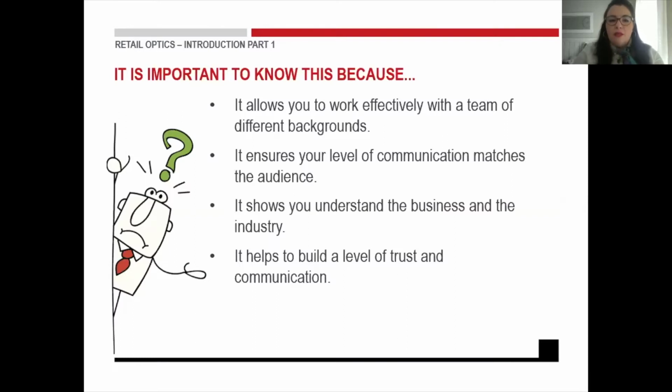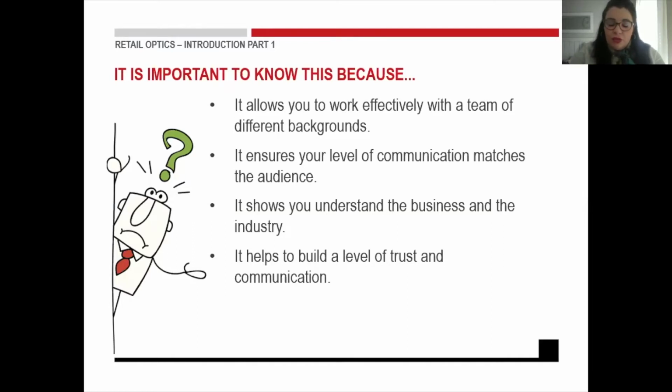Okay, so why is it important to know what occupations there are in the optical industry? Firstly, it allows you to work effectively with a team of different backgrounds. You're going to learn how to communicate with each one differently on their level. You're going to know with whom to be technical and with whom not to be technical. You're also going to learn to understand their optical language.